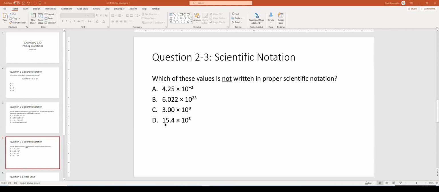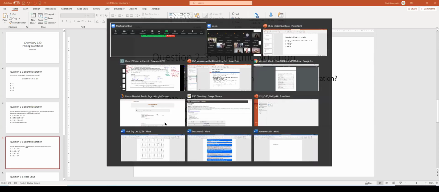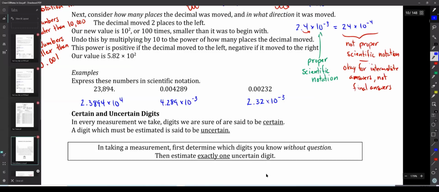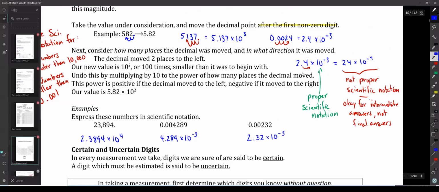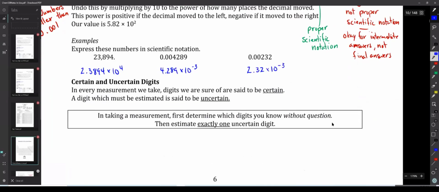Decimal needs to be right there. Remember, if we go back to the notes, that's what we said with proper scientific notation. If the decimal is not after the first non-zero digit, it's not proper scientific notation. Okay, so that's a good starting point.